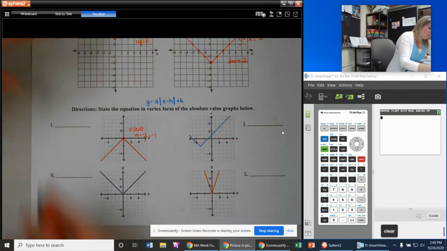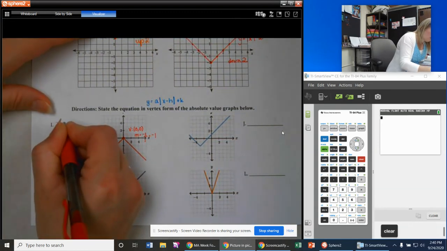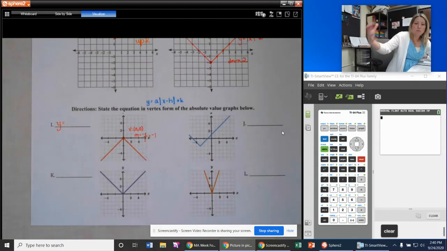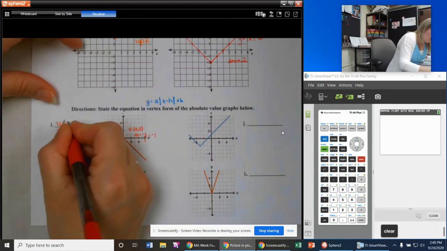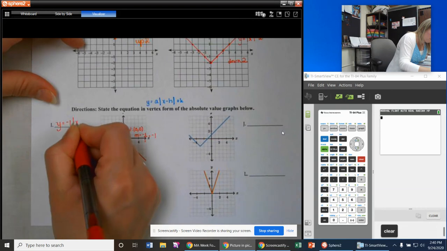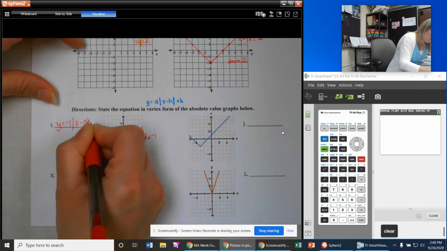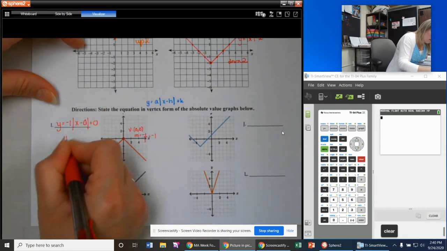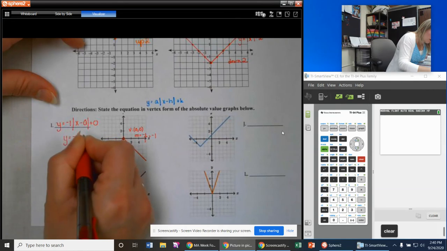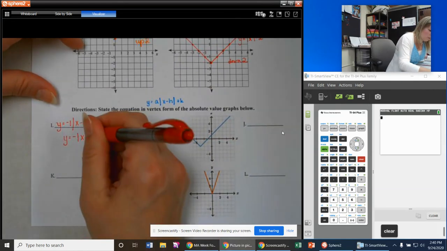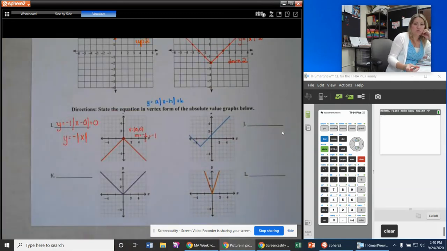I'll plug into the general form first, and then I'll simplify it. So simplified is just y equals the negative absolute value of x, which of course we graphed on the other page.